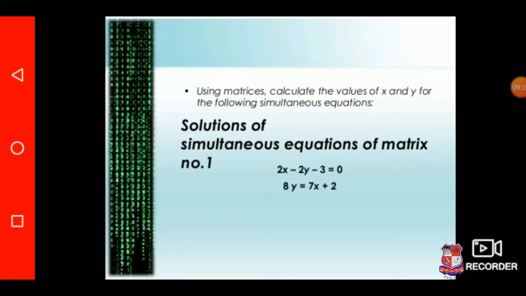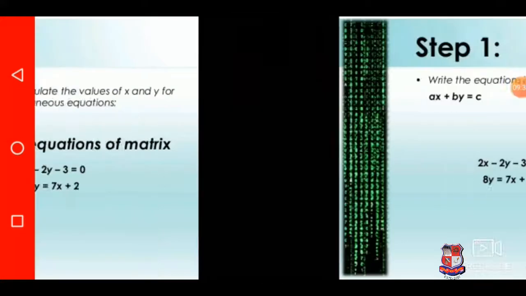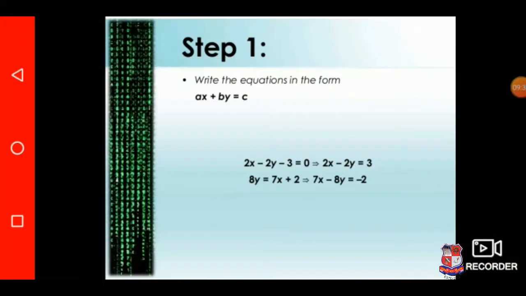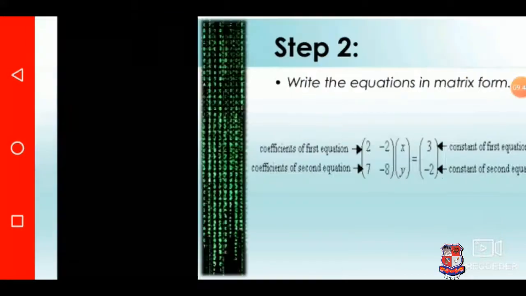And if we take the solution of simultaneous equations by matrix method number 1, that we already saw in the equations, here is a typical illustration. Step number 1, write the equation in the form ax plus by is equal to c.